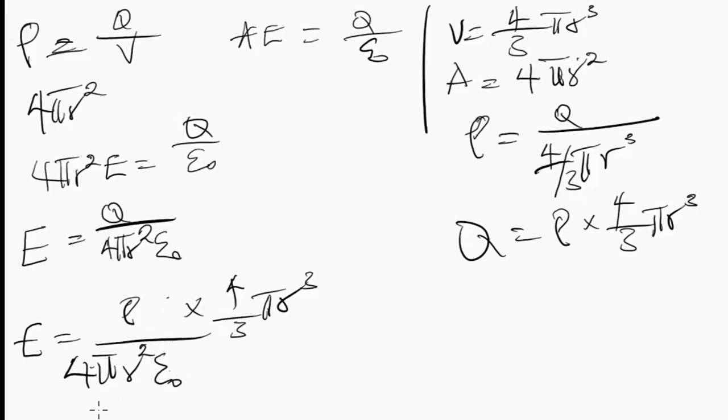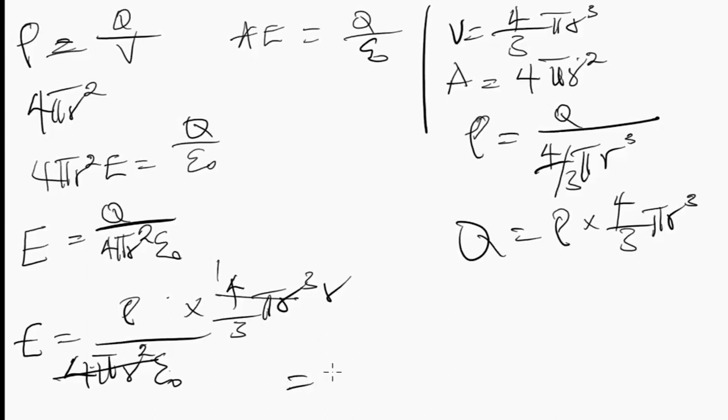Now notice I have 4 pi r squared here and I have 4 pi r cubed here. If I go ahead and make a division here, I should have just r remaining here, and then this is 1 over 3 here.